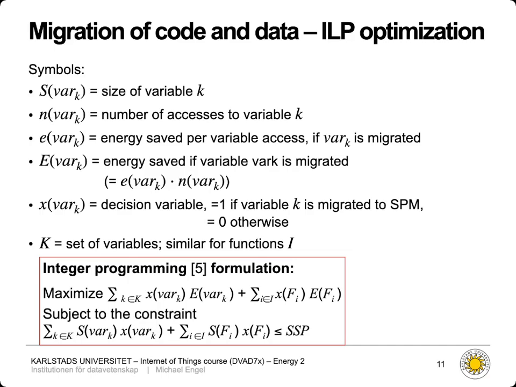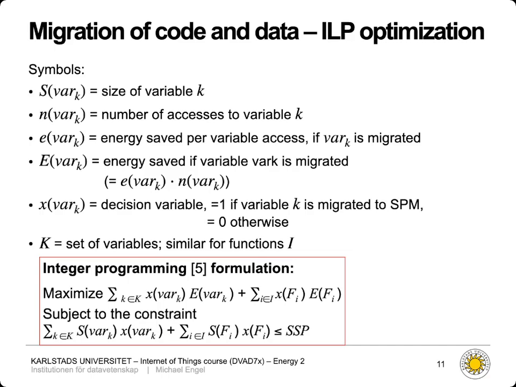We do this by maximizing the sum over all variables k out of the set of all variables, of the decision variable, so is it in SPM or not, times the energy of that variable, which is the overall energy considering the number of accesses, plus the same for instructions of certain functions.